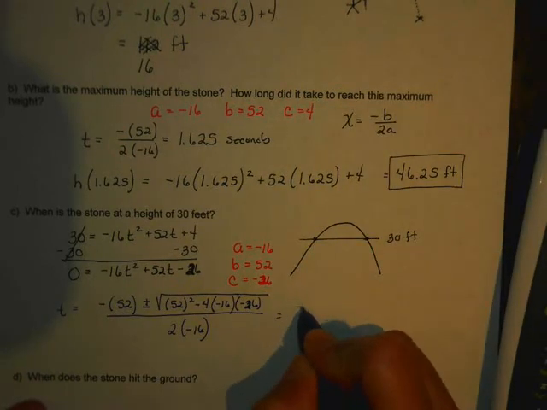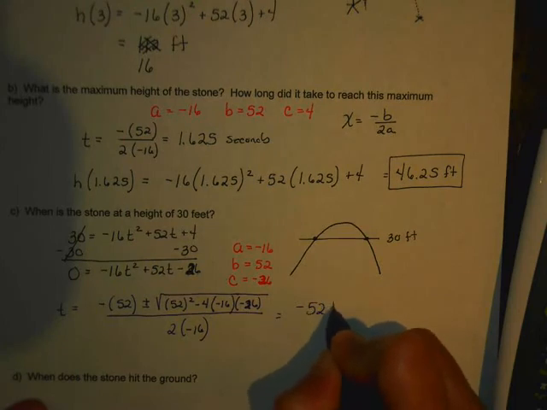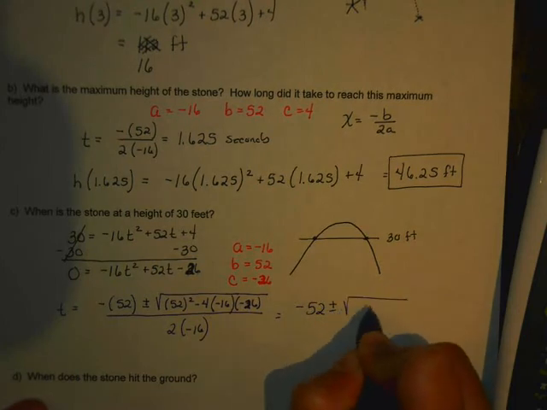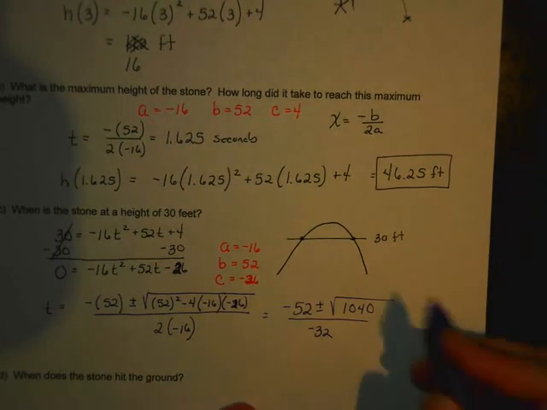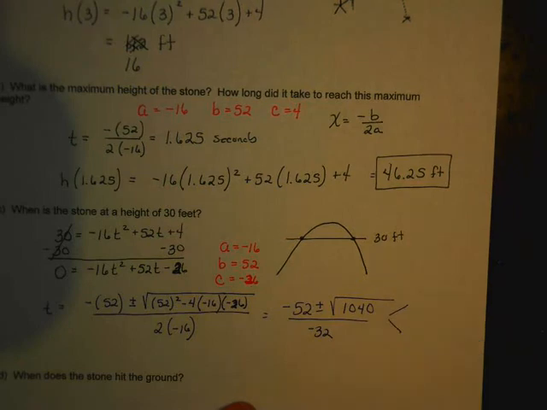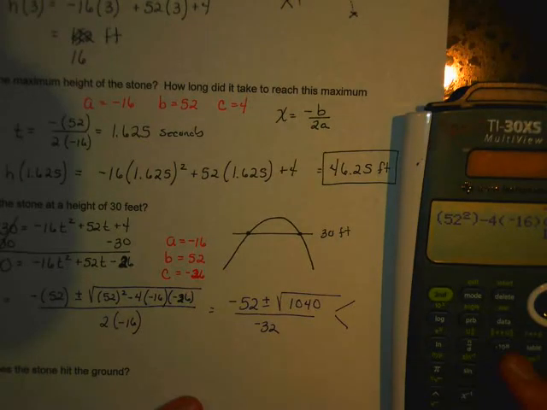So this is negative 52 plus or minus the square root of 1040 all over negative 32. Let's figure out what we got here. So we've got negative 52 plus square root of 1040 all divided by negative 32.